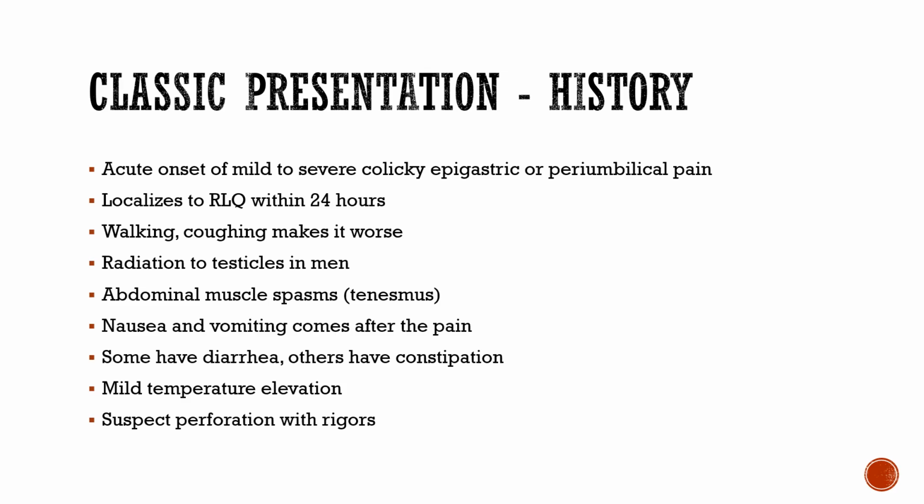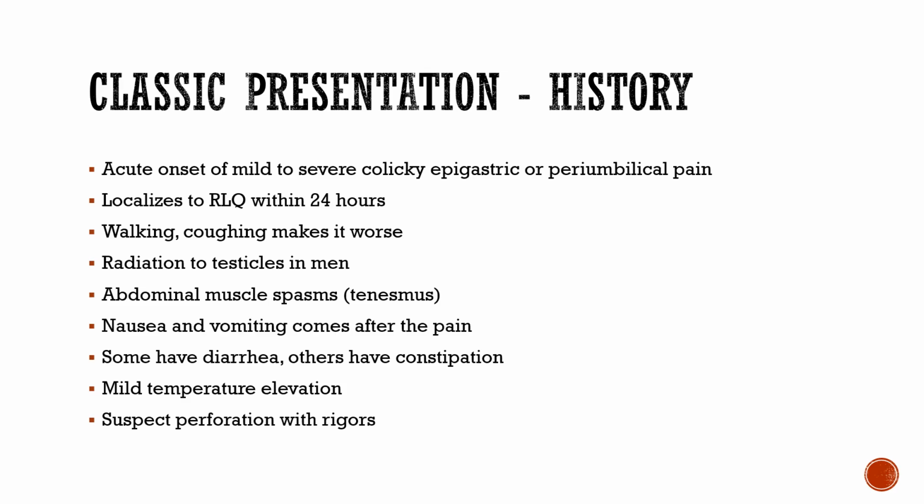In men, there may be radiation to the testicles. You may have a presentation of spasms in the abdomen. This is called tenesmus, and this is usually a later sign that accompanies severe peritonitis. A couple of pearls for you.